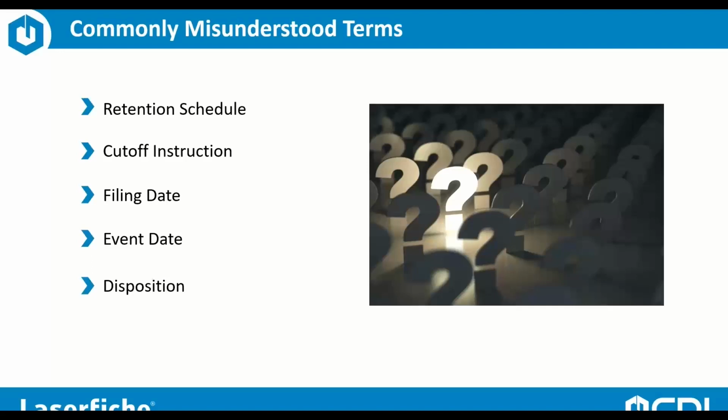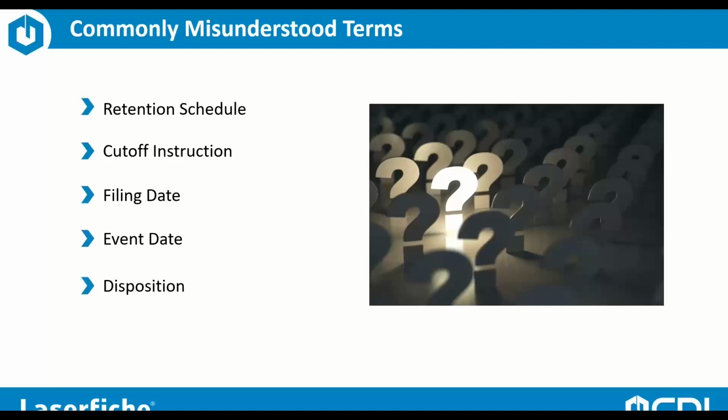Once the document becomes inactive, the retention period begins, and the document can no longer be changed by anyone without records management privileges in Laserfiche. Some common examples of cutoff instructions are end of calendar year, end of fiscal year, after audit date, or separation from agency date. Cutoff instructions can be time-based, event-based, or a combination of the two.